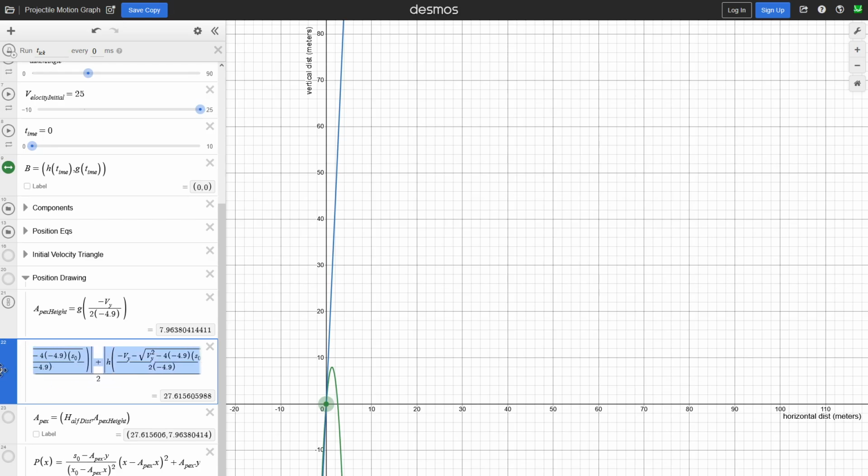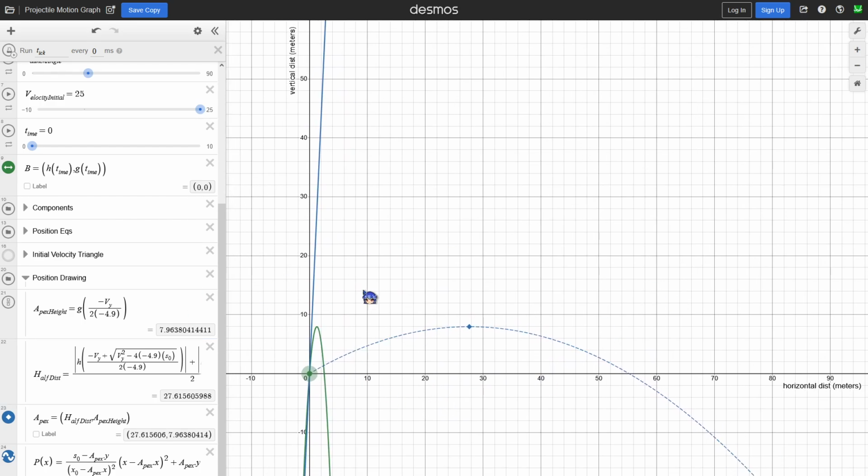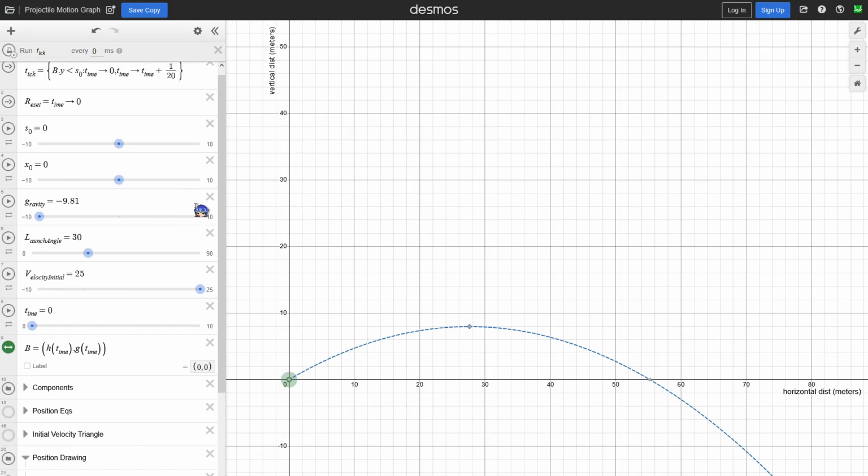But basically, this will give a model of the trajectory this ball will take. Not only that, but also the apex point, the point in its trajectory where it'll be at the maximum height.